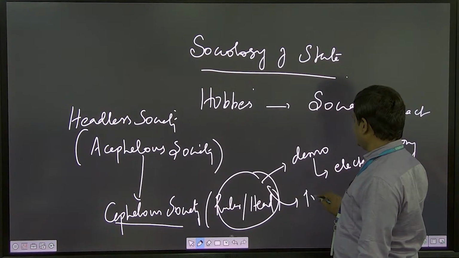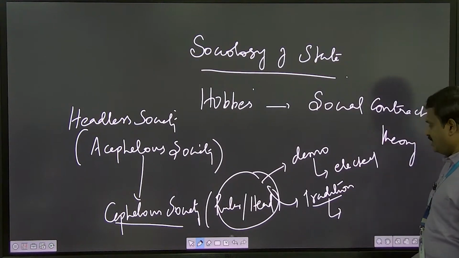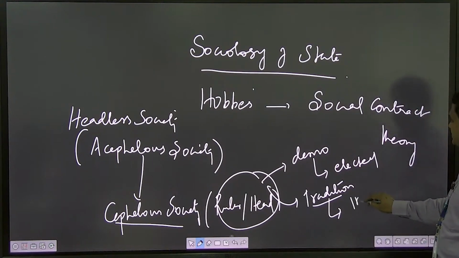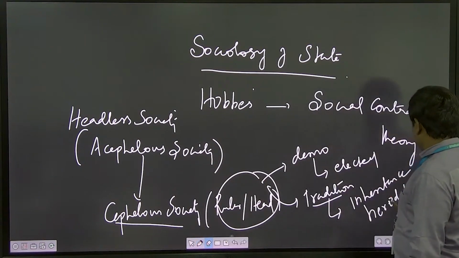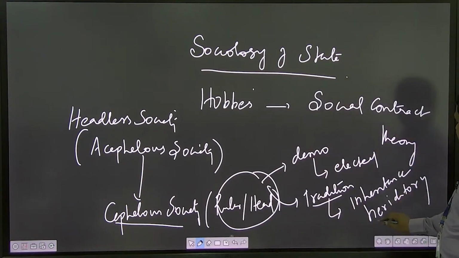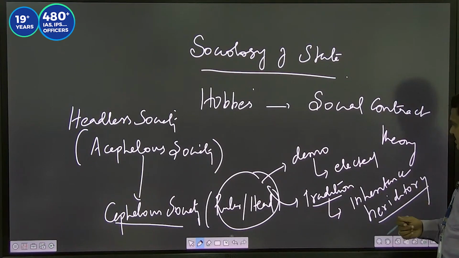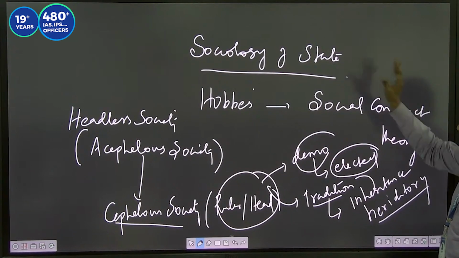Whereas in the traditional society, the head is coming by virtue of inheritance. So it is based on hereditary reasons that the head is selected. For example, after the king, king's son will become the king. So this is a traditional society. But in modern society, there should be election by the people of the head. Head will be elected by the people.